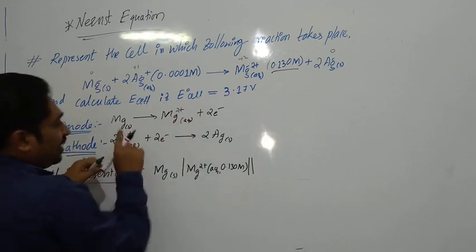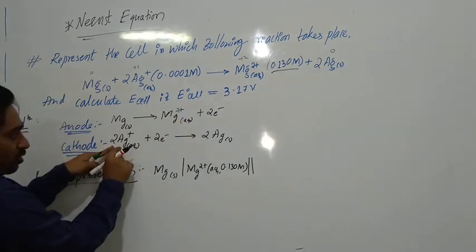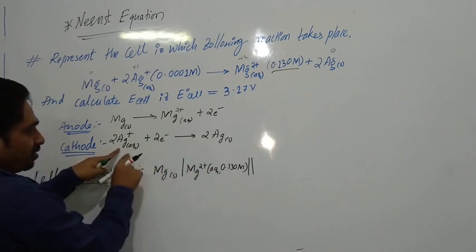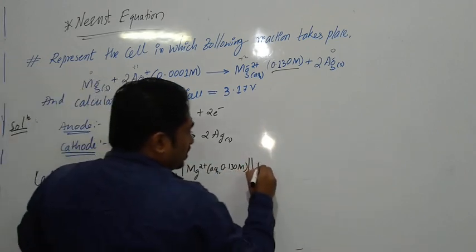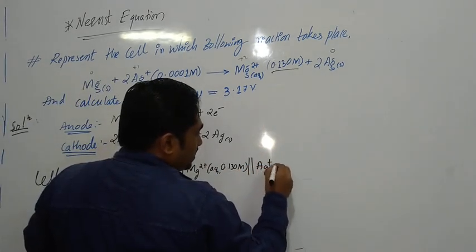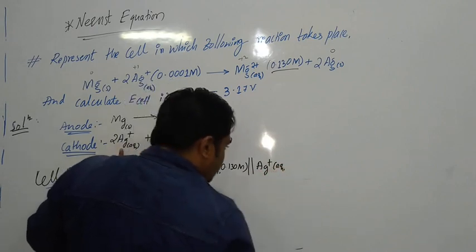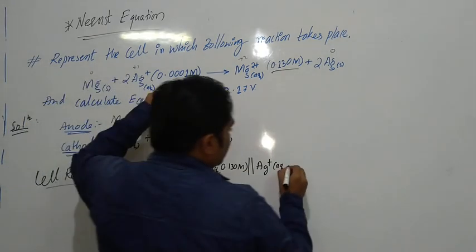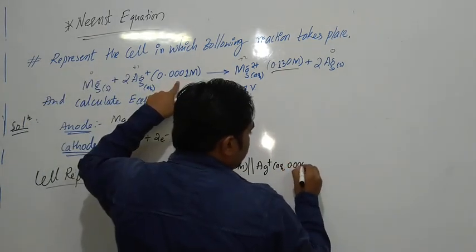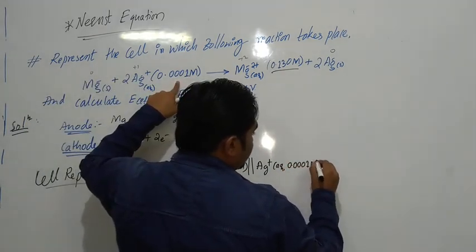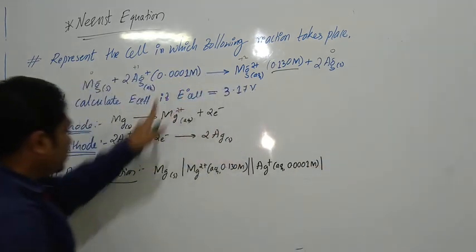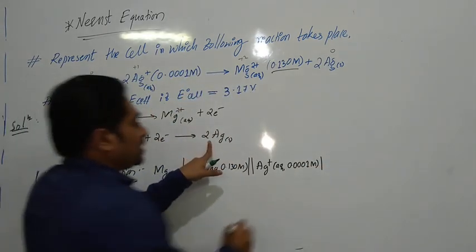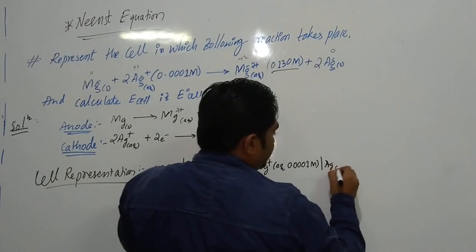Next, the cathode. In the cathode, first we write the ionic form, then the metallic form. First we have to write the ions, Ag+ in the aqueous form. What is the concentration of Ag+ ions? Here they have given 0.0001 molar concentration. Then it is converted into Ag, silver.